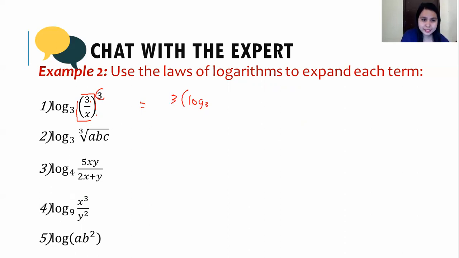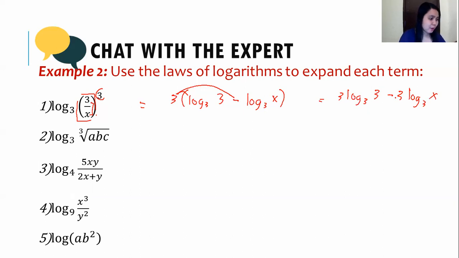Then this one inside is in subtraction: 3 minus log base 3 of x. Then we distribute 3 before the logarithmic sign. So we have 3 log base 3 of 3 minus 3 log base 3 of x.